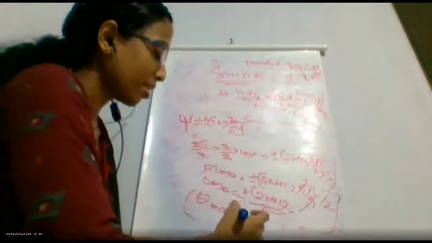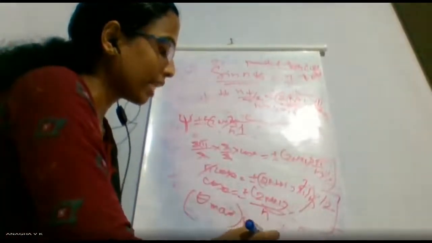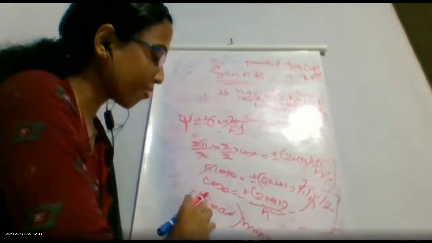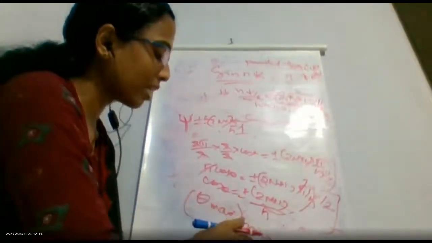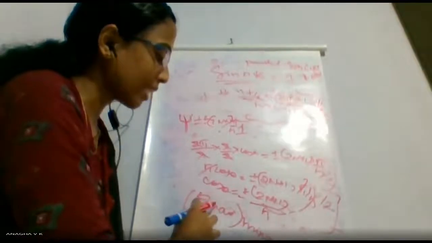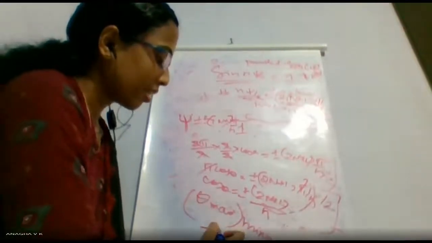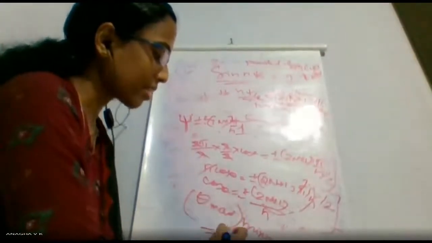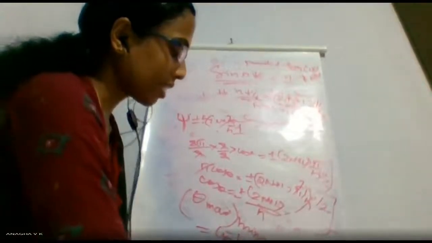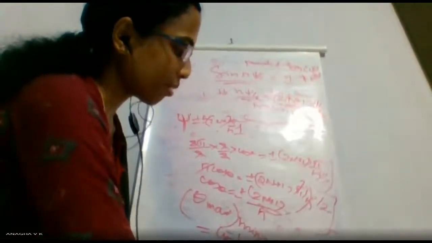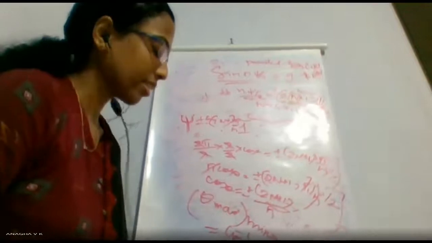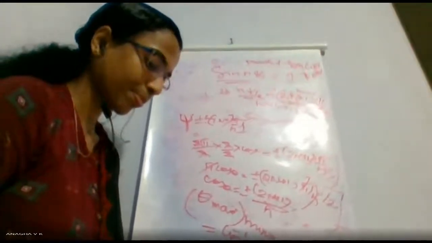Theta max, or the phase shift maximum of the minor lobes, is cos inverse of plus or minus (2n plus 1) by N.